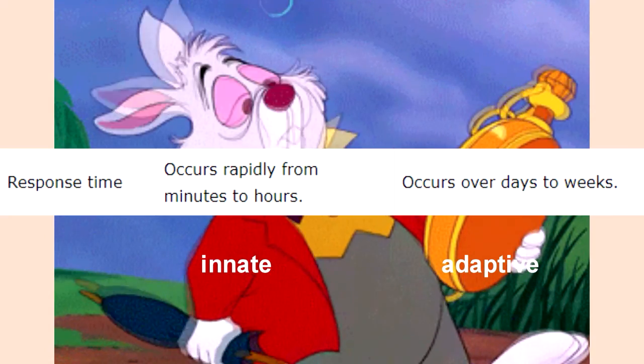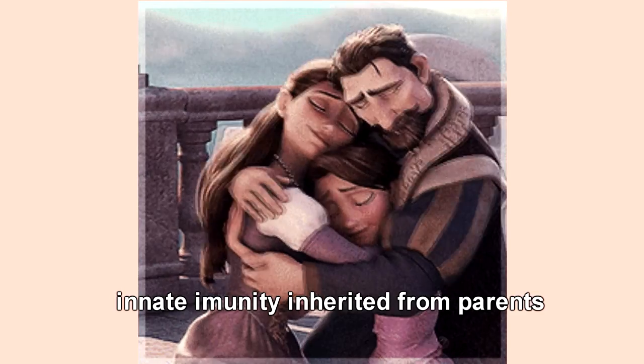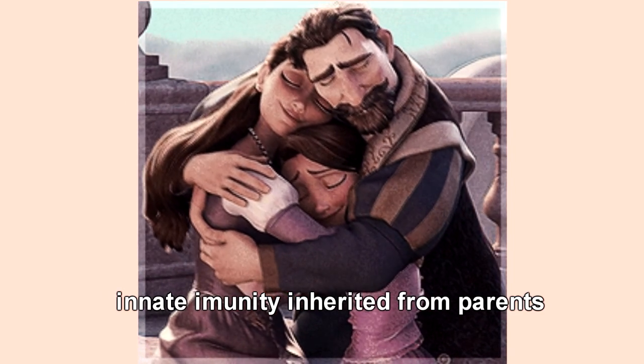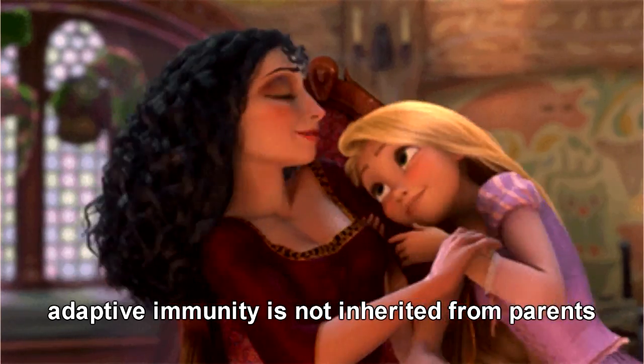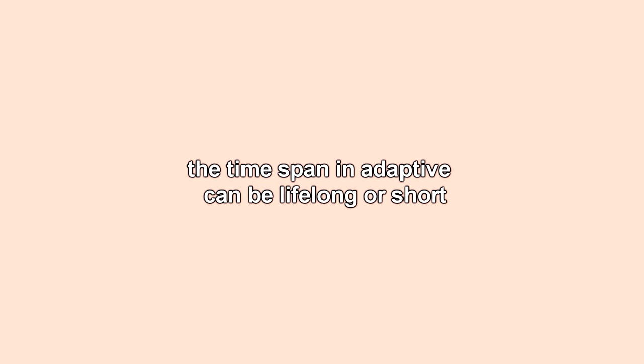Meanwhile, adaptive immunity only occurs over days to weeks. Innate immunity is inherited from parents. Meanwhile, adaptive immunity is not. The time span in innate immunity is once activated against a specific type of antigen, the immunity remains throughout life. Meanwhile, the time span in adaptive can be lifelong or short.